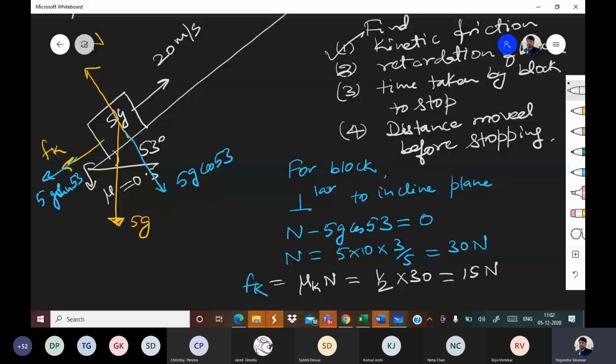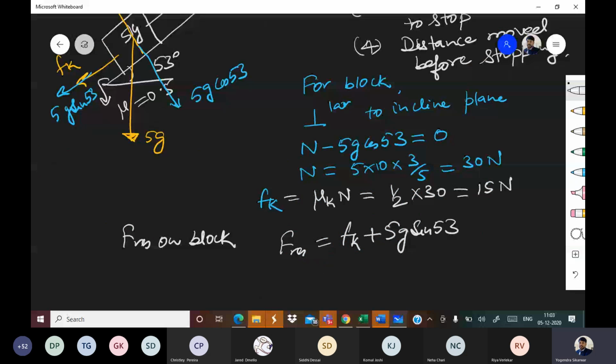Everyone please pay attention. F resultant on block. So F resultant is equal to Fk plus 5g sine 53, because Fk is also acting downward, 5g sine 53 is also acting downward.